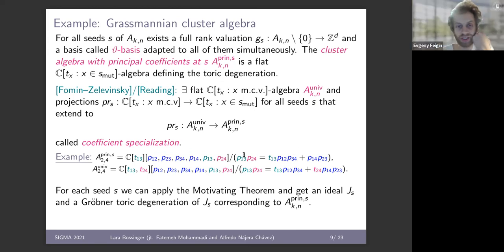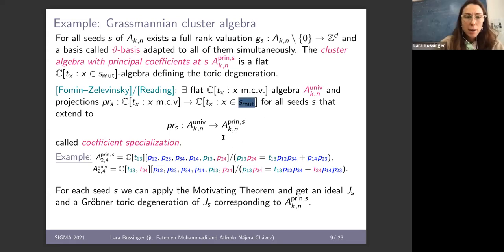Right, and what is it in general for general k and n? For general k and n, yes, we have a quiver that looks like a matrix that has k rows and n minus k columns and one more.